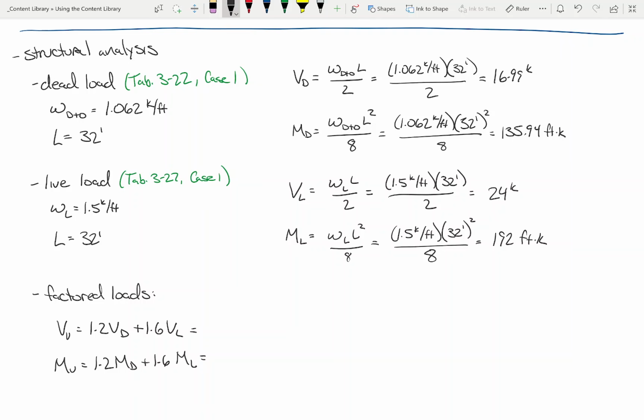Here, let me do this. Could I go ahead and just tell you all what VU and MU equal? Is that okay if I just give you the answer? So this is 58.8. This is 470.3 foot kips.